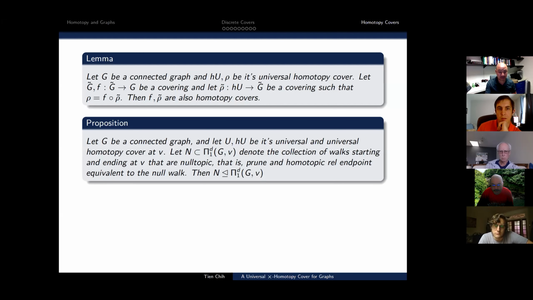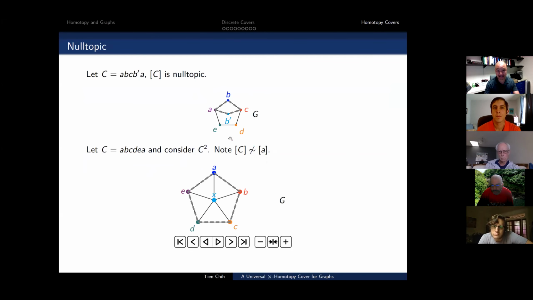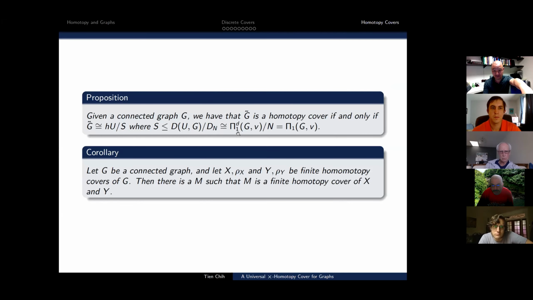You get the homotopy cover by taking a universal cover and modding by walks that are nulltopic, which are equivalent. And yep, A, B, C, B', A in this graph is that C4, which is nulltopic, like Andrea observed earlier.